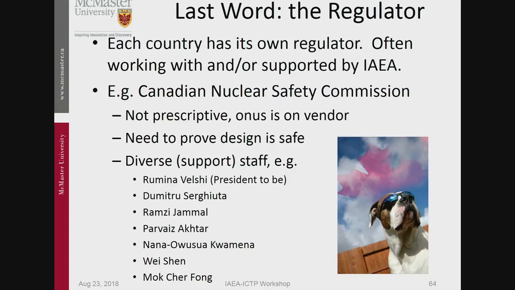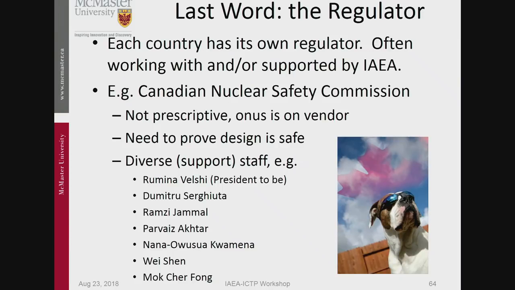The last word is with the regulator. And I'm a bit surprised that we don't talk about that very much, because you can make designs as much as you like. If you don't talk to the regulator, you don't explain to the regulator what you're doing, it's not going to happen. So each country has its own regulator, and these regulators, of course, work or are supported with the IAEA.